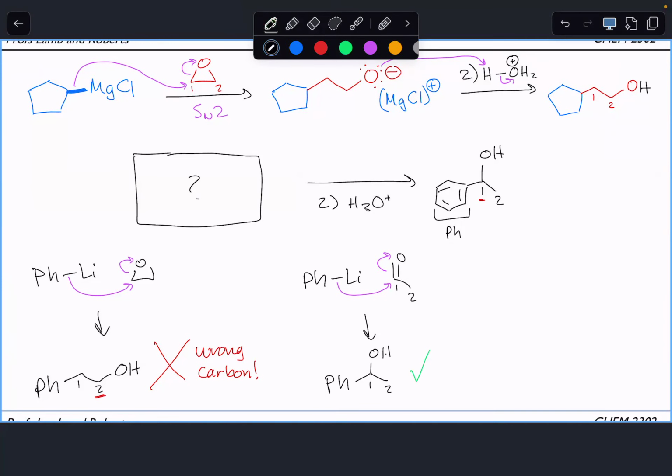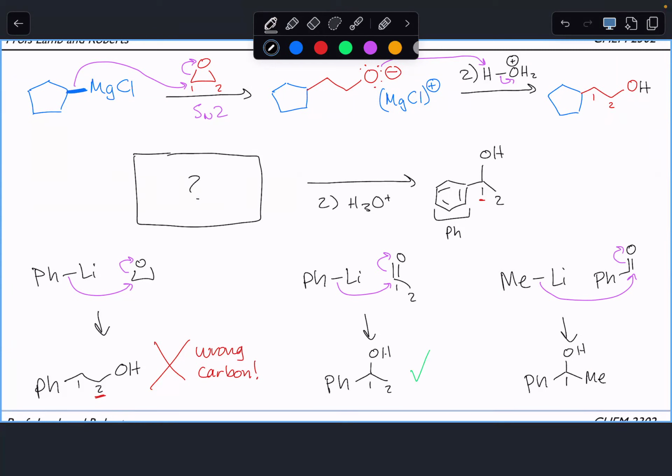And then the last one just flipped around which substituent was on the organometallic and which was on our carbonyl compound. But this still works because if we draw what we get here, our organometallic attacks that carbonyl carbon. Our methyl group comes from the organometallic, but it doesn't matter.